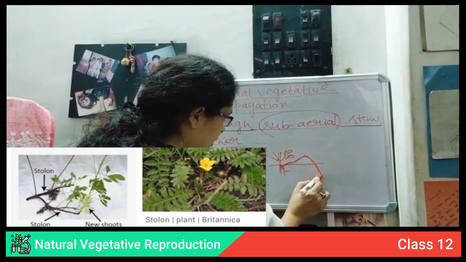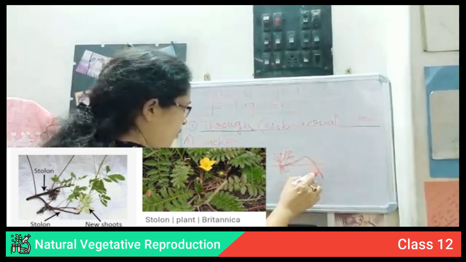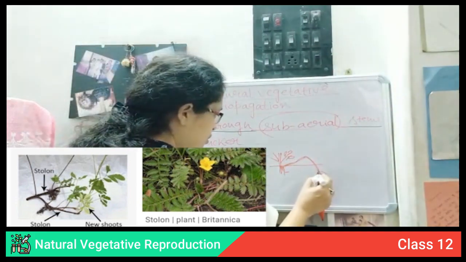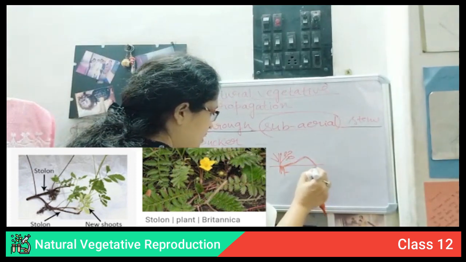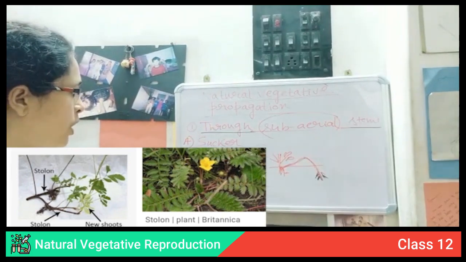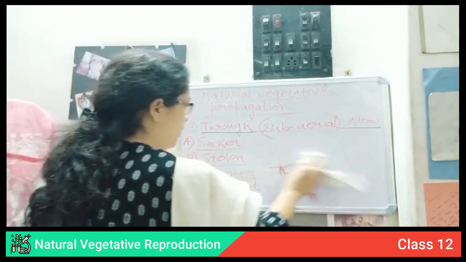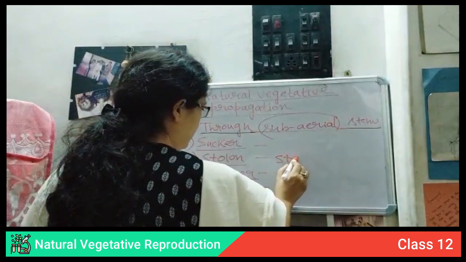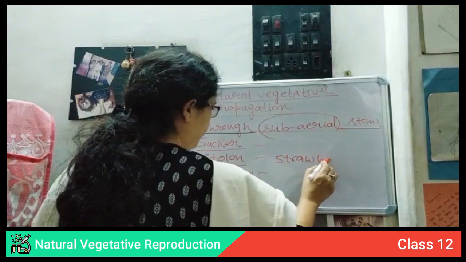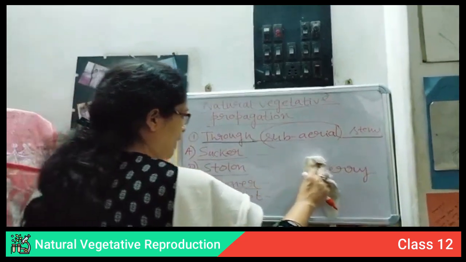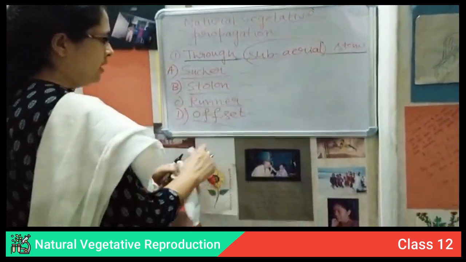Okay, and from this downward part adventitious roots occur, and this part is cut off from the parent plant and new plants grow. Example is strawberry.